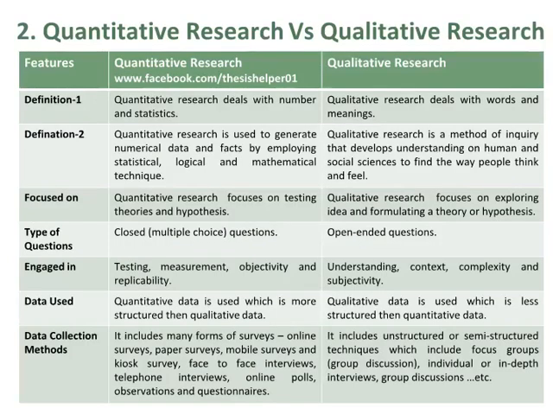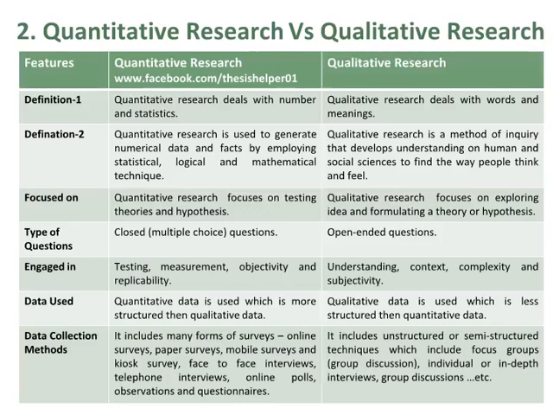Definition 2: quantitative research is used to generate numerical data and facts by employing statistical, logical and mathematical techniques, while qualitative research is a method of inquiry that develops understanding in human and social sciences to find the way people think and feel. Quantitative research focuses on testing theories and hypotheses, while qualitative research focuses on exploring ideas and formulating a theory or hypothesis.